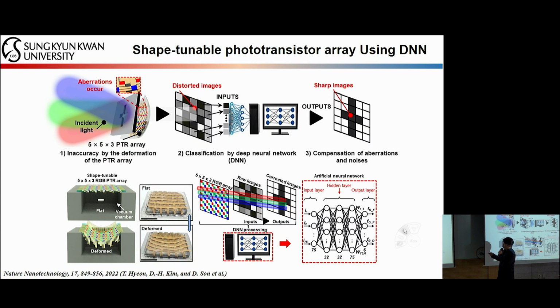So we apply the deep neural network to compensate for optical aberrations or optoelectronic noises during the mechanical deformation of the phototransistors. I think this methodology combined with the deep neural network enhances the photodetection accuracy.